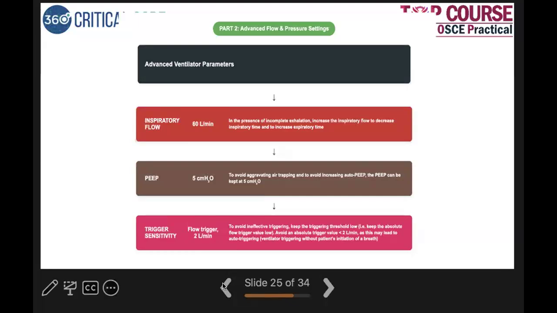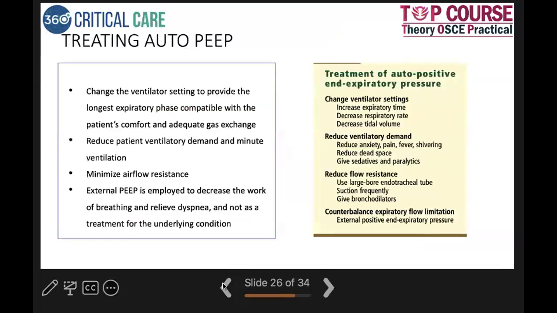But if you keep it too high, more than 2 liters per minute, the patient has to generate a lot of pressure, a lot of effort, to start the next inspiration. So don't keep it too low, where the patient can have auto triggering and worsening of auto PEEP, and don't keep it too high, where even the next breath becomes more difficult. Try to keep it at 2 liters per minute.